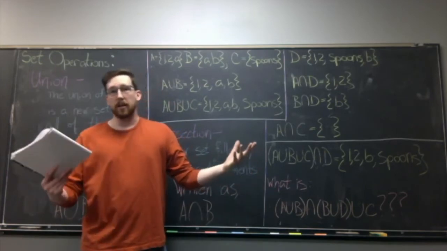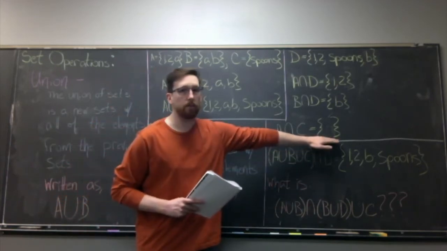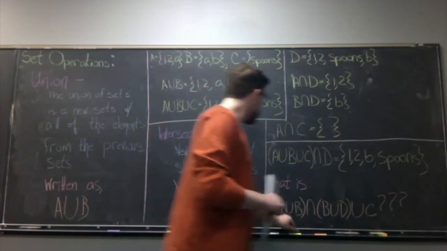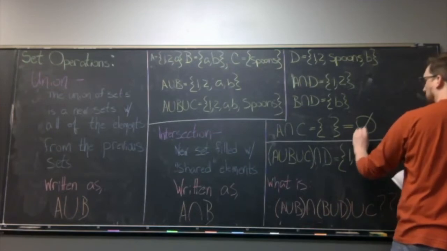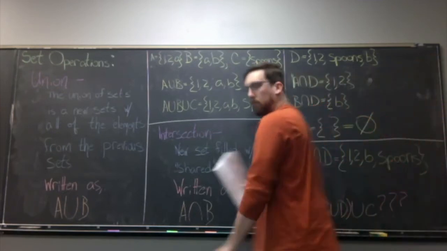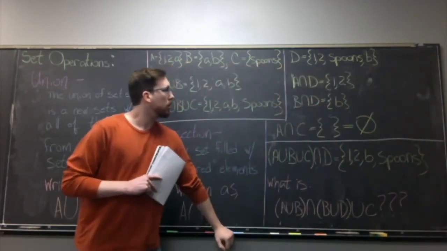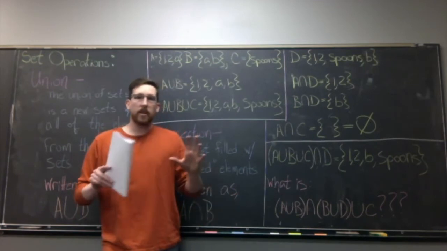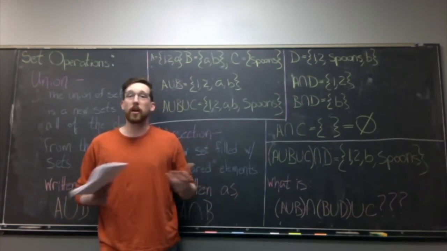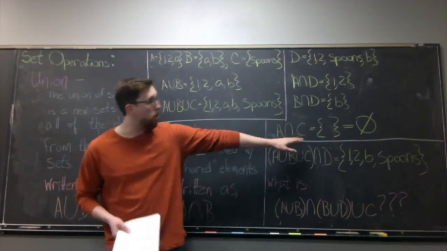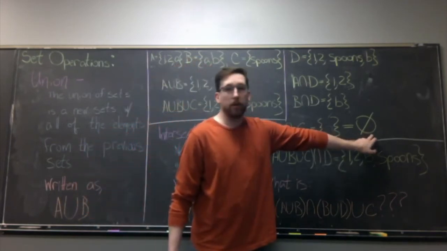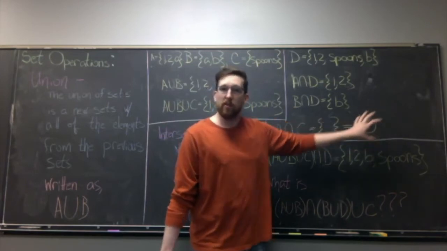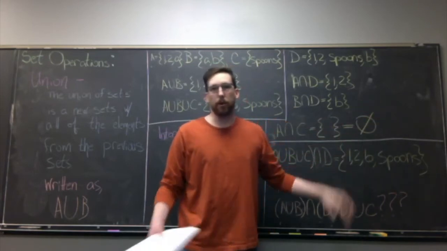And because the set has no elements, we just write it like this, which is the same thing as writing the empty set. So in the case where we have nothing in common, we could write the empty set out, or we could just use the notation with that little circle with a line slashed through it.